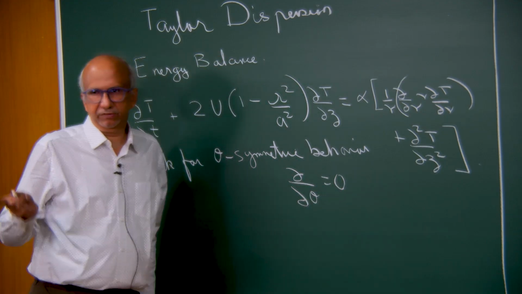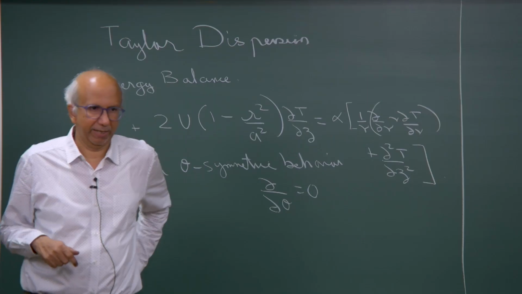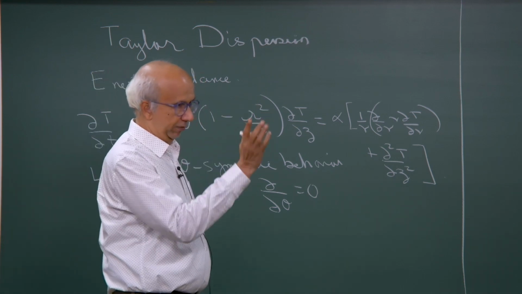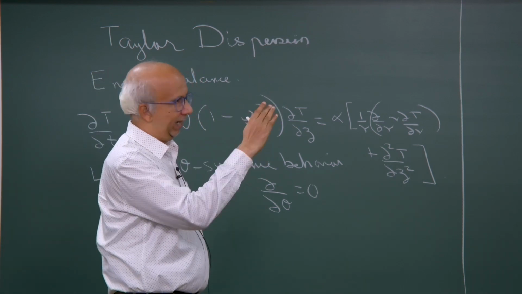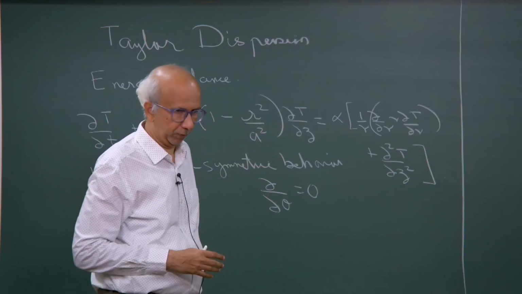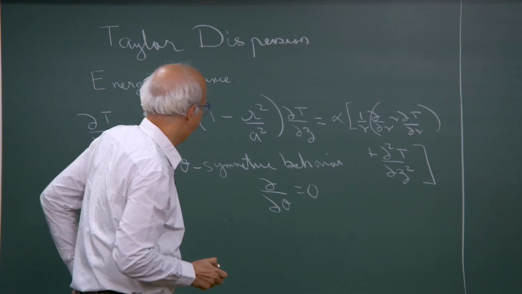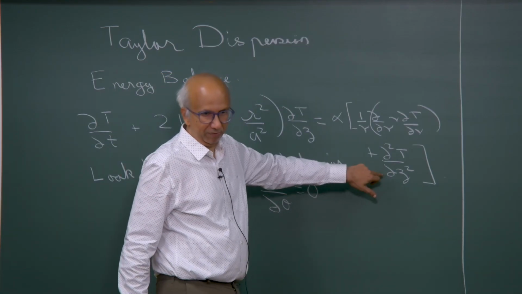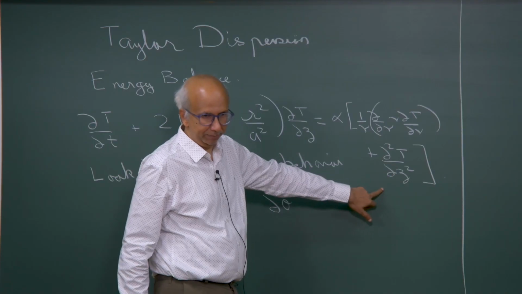There is no change with respect to theta for velocity and temperature. If I look at the cross section and go in the theta direction, at this theta and at some other theta, the velocity will be the same, and the temperature will be the same. That is the reason there is no theta dependent term here, otherwise there would be a 1 by r squared d squared T by d theta squared.